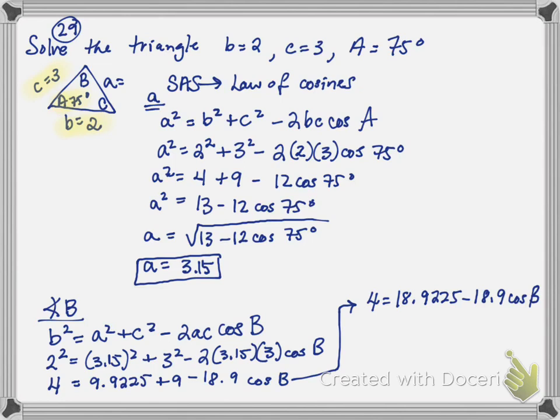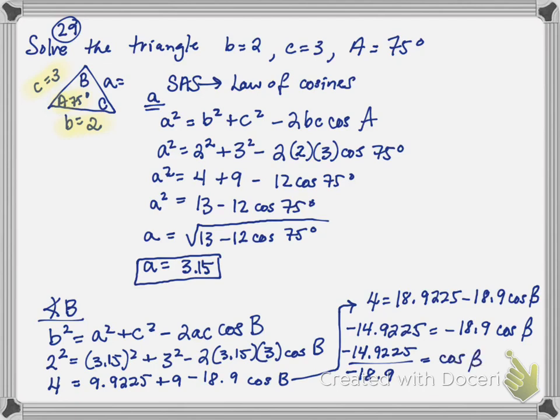So I have to subtract it, and when I subtract it from 4, I get negative 14.9225. And that equals negative 18.9 cosine of B. Last step is to divide off that negative 18.9. So I get negative 14.9225 divided by negative 18.9 equals cosine of angle B.